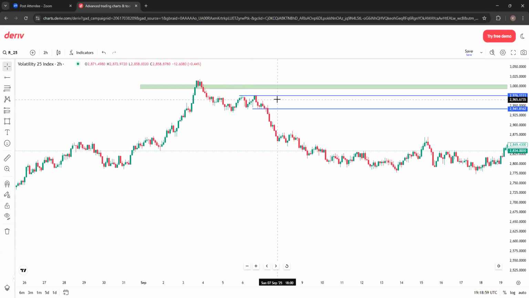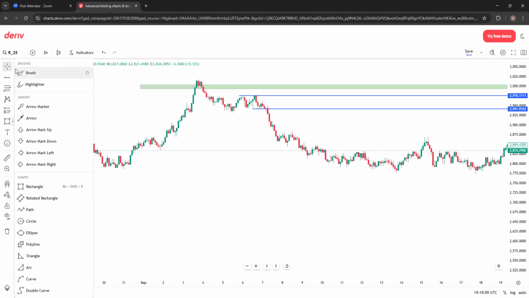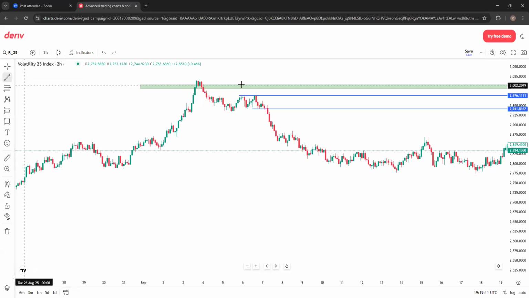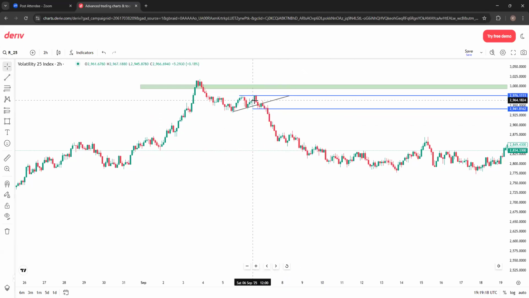So before this break, if you are a trend line trader, I want you to look at something. Before this break over here, which one was our last buy before we sold?